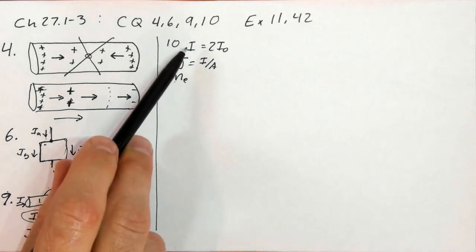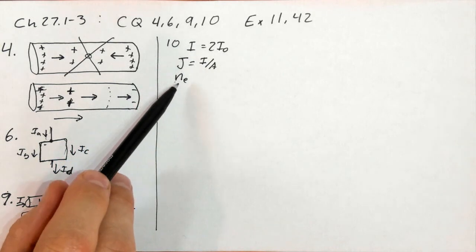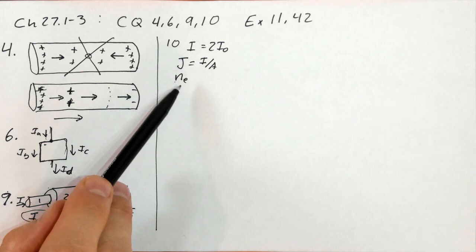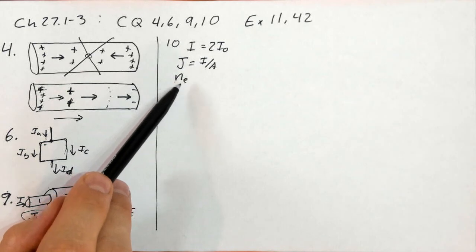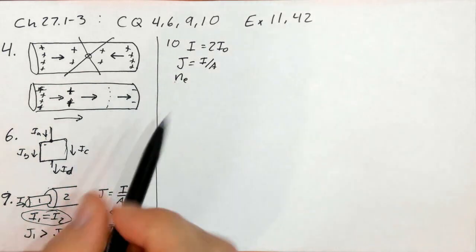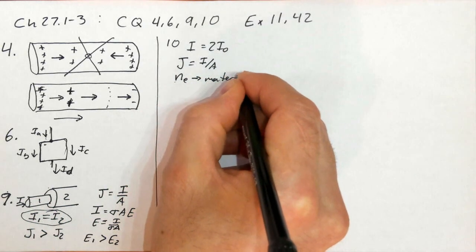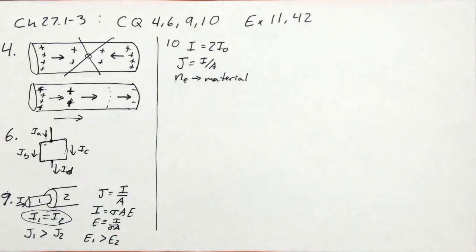Now, how does that relate to the current? This is a fundamental property of the material. It doesn't change unless you change the material. So this is dependent solely on the material, which, since we didn't change the material, doesn't change. What about the mean free time?